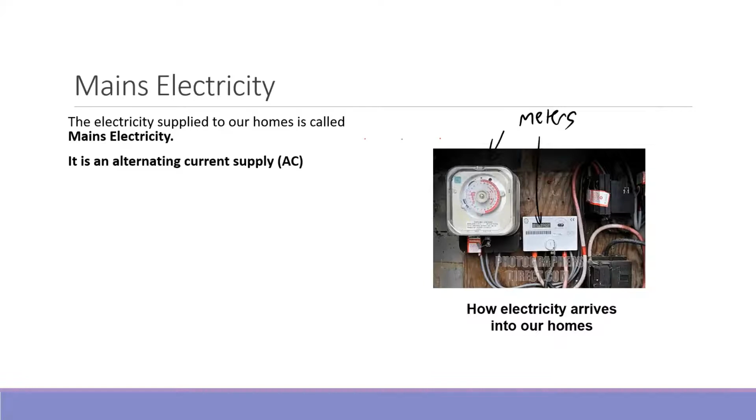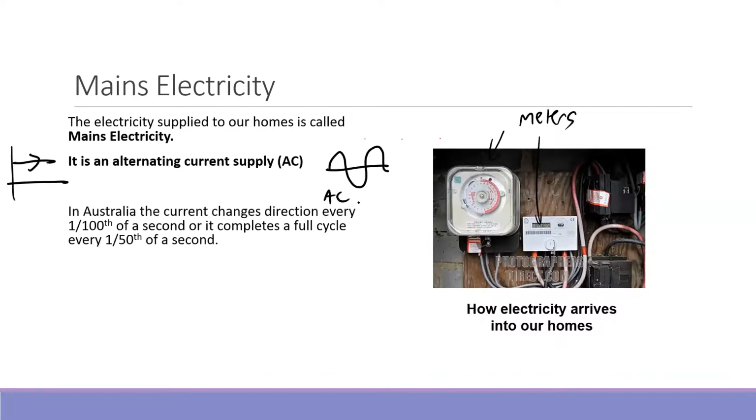The electricity that goes through your walls, through your house, is actually an alternating current. It's not a direct current that keeps going no matter what; it changes, it fluctuates.